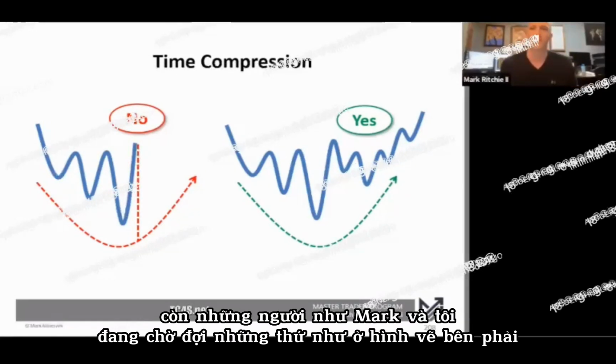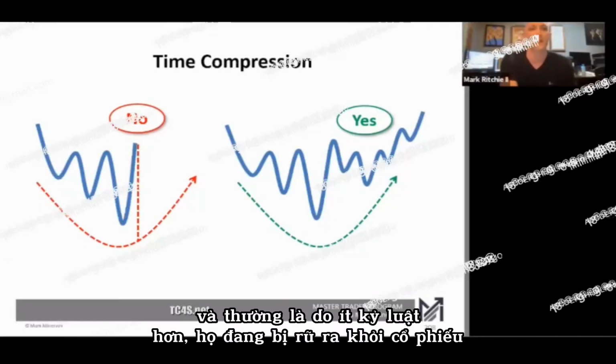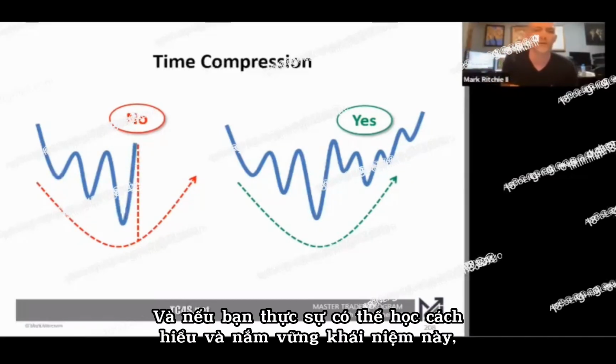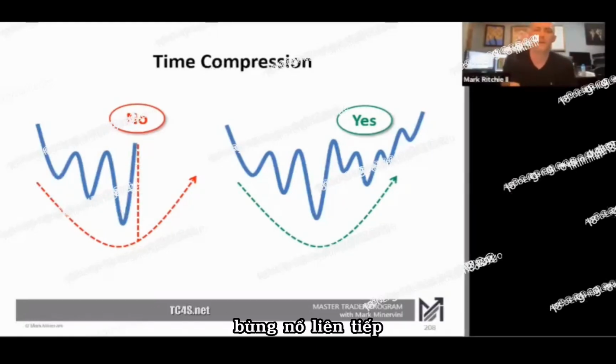And then guys like Mark and myself are waiting for that right hand example, often on the backs of the less disciplined. They're getting rinsed out in that process to the right. If you can really learn to understand and master this concept, you'll guarantee that you'll be in situations that are far more repeatably explosive.